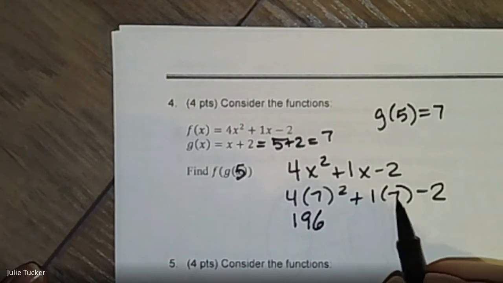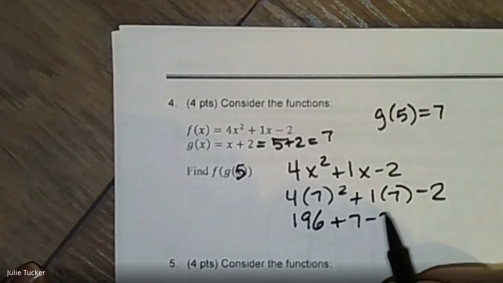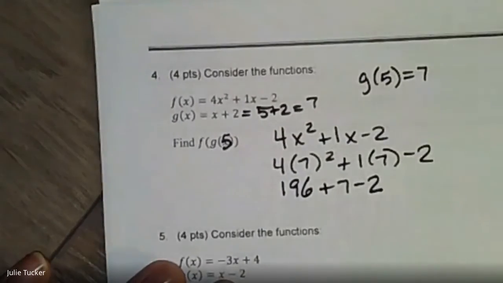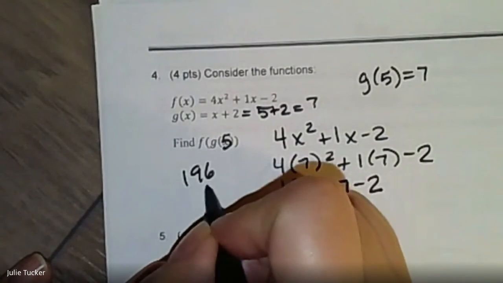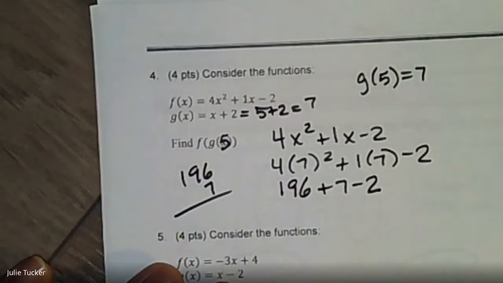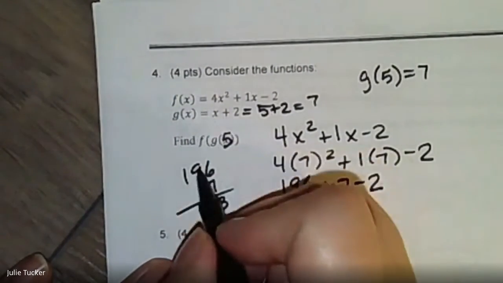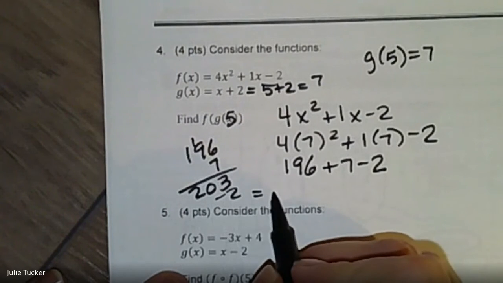And then this is just 7. And then this is minus 2. Okay. So 196 plus 7 is what? 203. So it's 203 minus 2. Okay, so there's our answer.